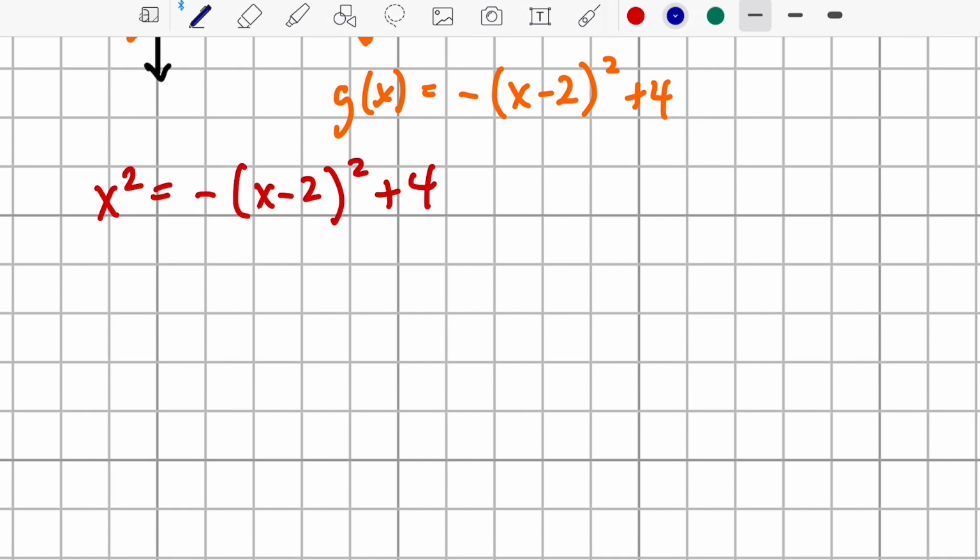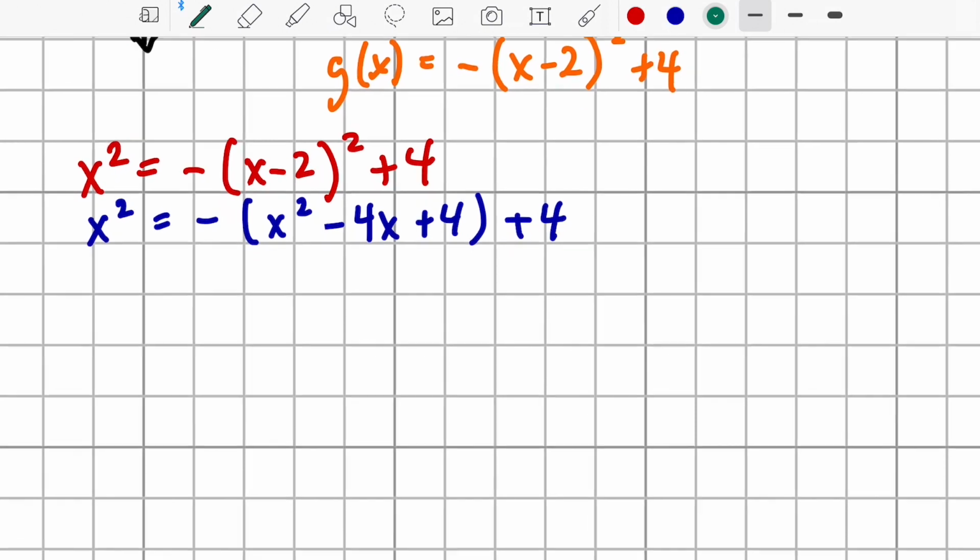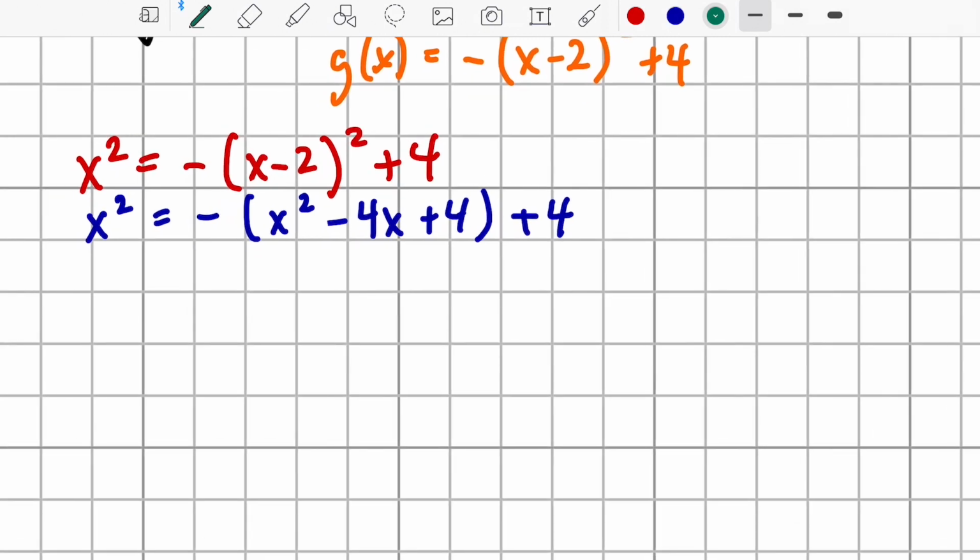So what I want to do is expand the binomial. So x squared equals, keep that negative there, x squared minus 4x plus 4, and then plus 4. Now I can distribute the negative. Make sure you keep those parentheses. x squared equals negative x squared plus 4x minus 4 plus 4.